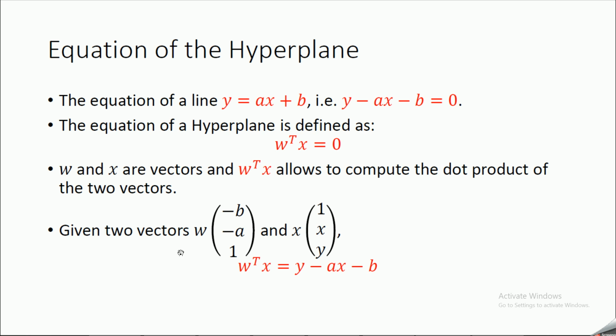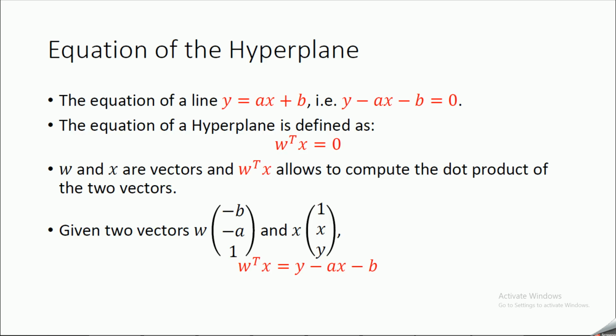So when I consider two vectors w and x, the dot product of both these will help us to find the values. So w transpose x is equal to y - ax - b.